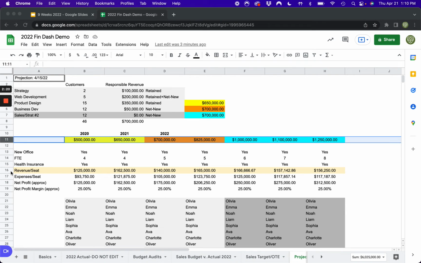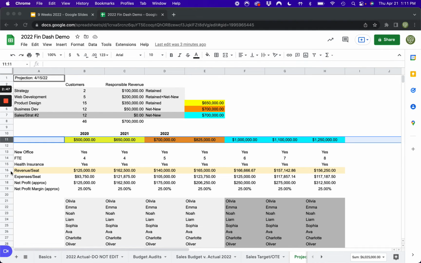And the reason why I like these two is it helps me get a macro sense, a view of the meta narrative of what my business has traditionally done per employee. So when I add a new employee, what type of revenue do I need to generate in order to pay for that employee? Similarly, what kind of expenses will that employee need?